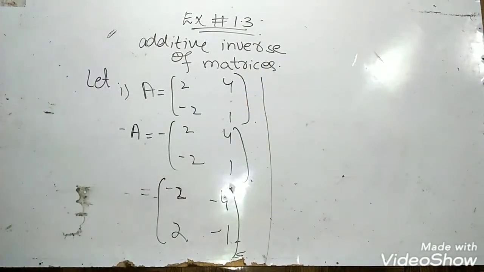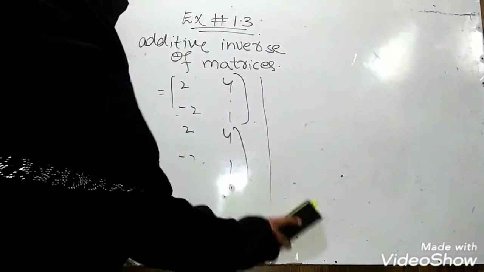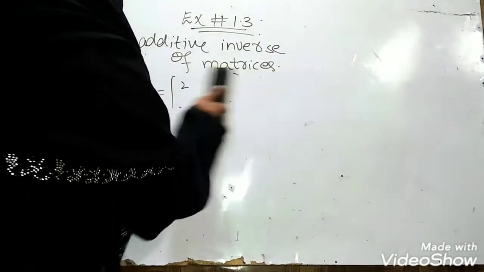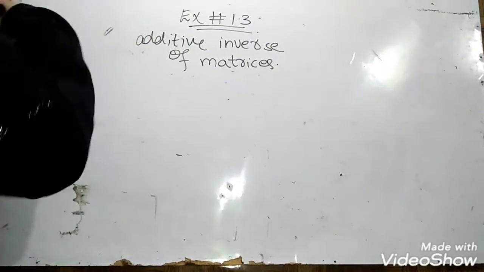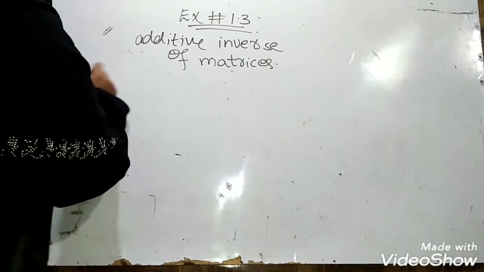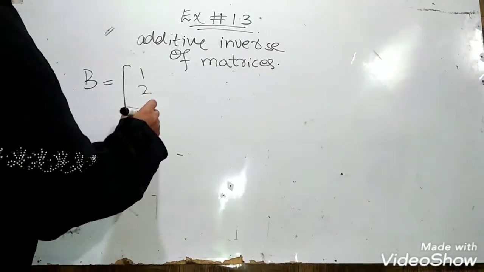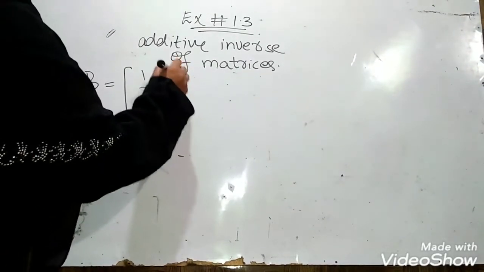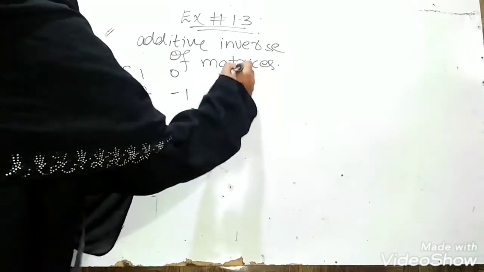Now we can check the additive inverse of matrices by another example or another question. We have matrix B having entries 1, 2, 3, 0, -1, -2, -1, 3 and 1.